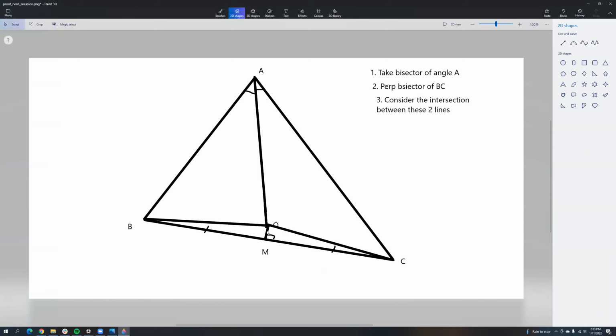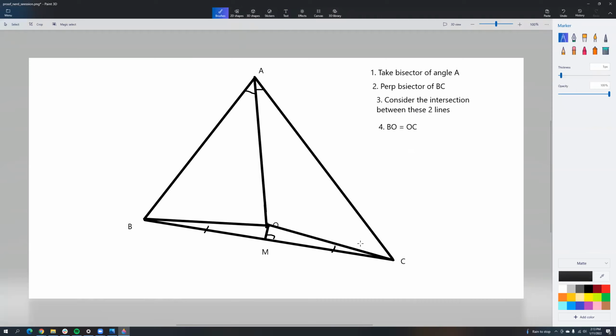So what do we know about the perpendicular bisector? We will have BO equals OC, right? So that's what we learned from the background. Let's mark it here with two small lines. So we have BO equals OC because this is a perpendicular bisector, right? Good. So this is basically the setup.